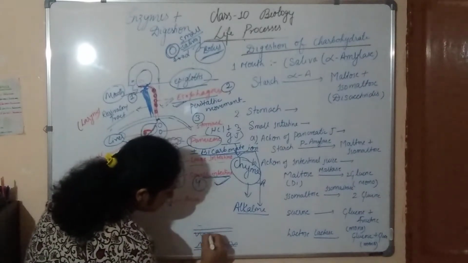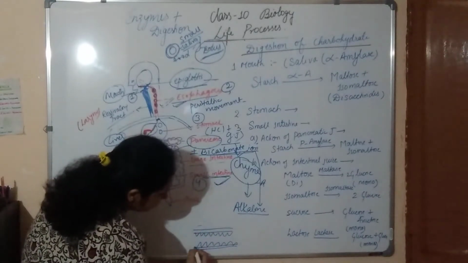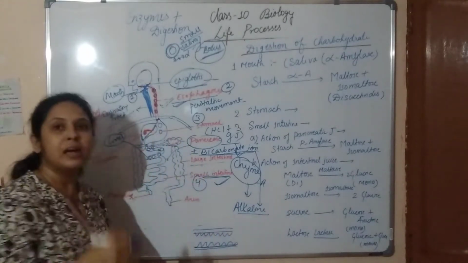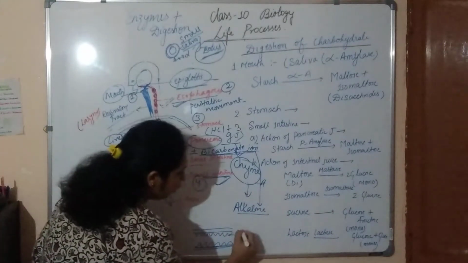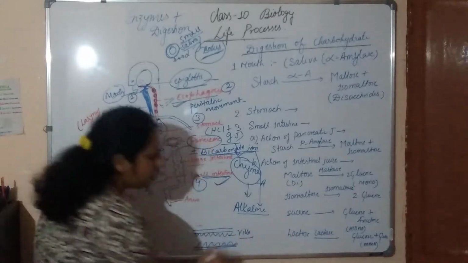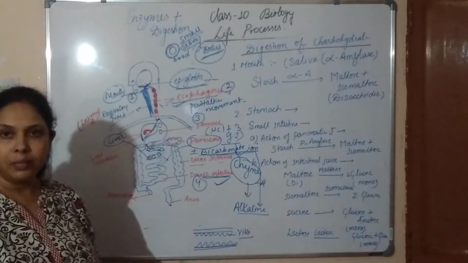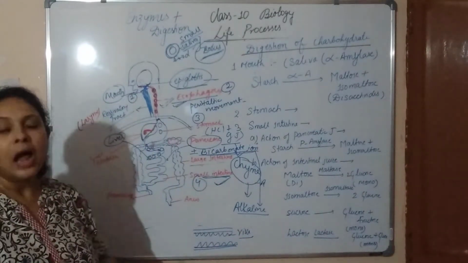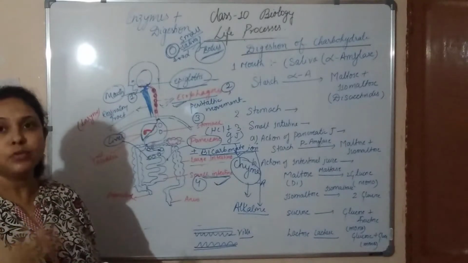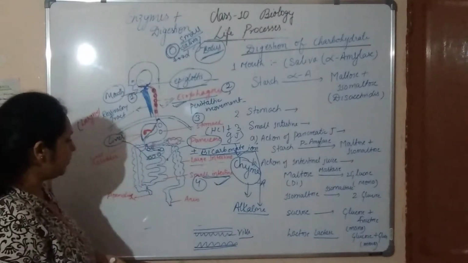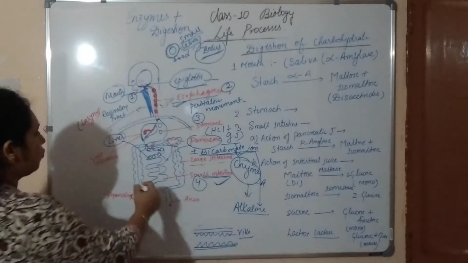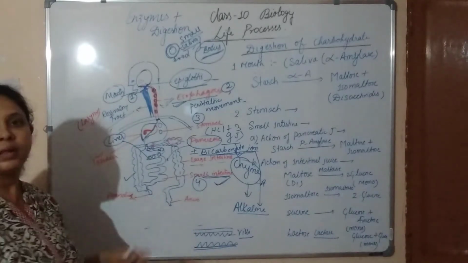We can say that it is a tube, and its surface has finger-like projections. We call them villi. It increases the surface area and helps in digestion and absorption of the nutrients. Lastly, it moves towards the large intestine.